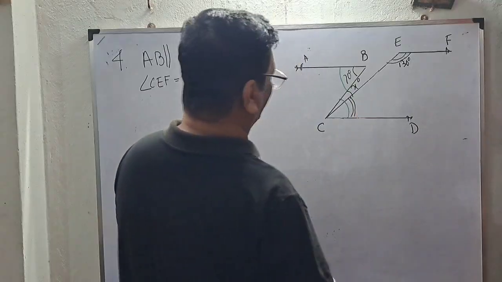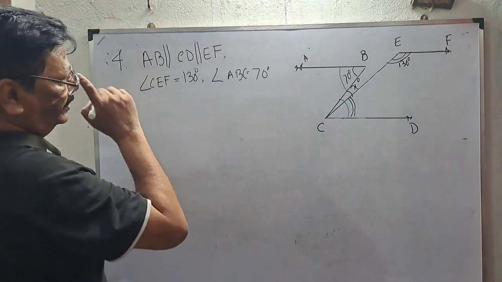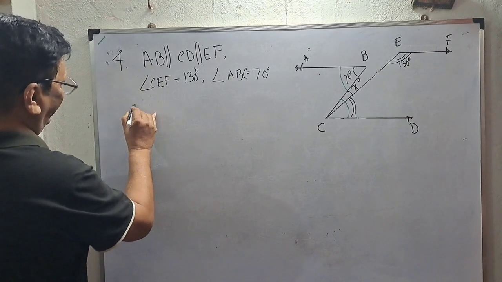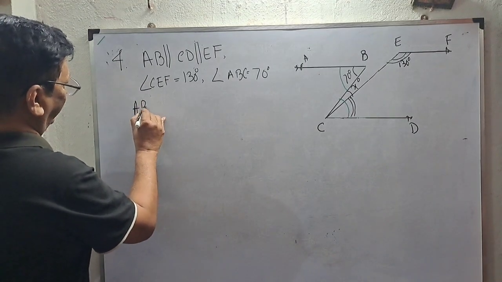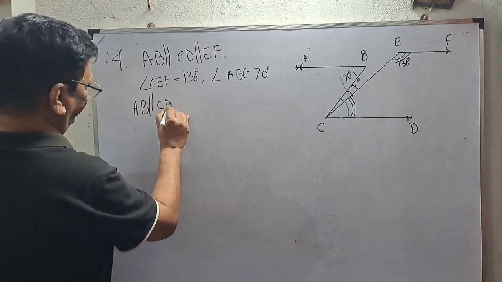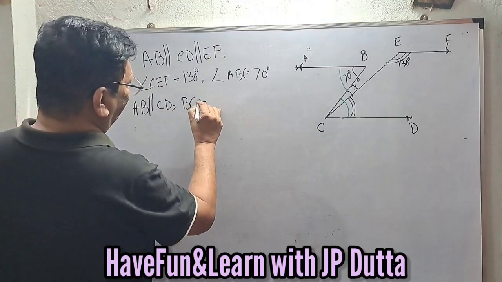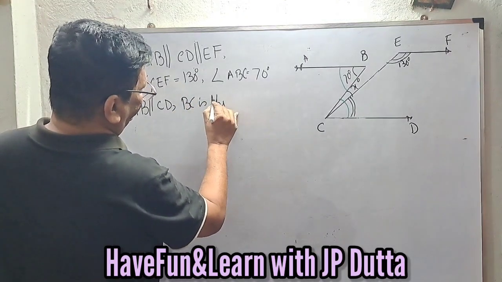Right? The green ones are alternate angles, correct? So first we say AB is parallel to CD and BC is the transversal.